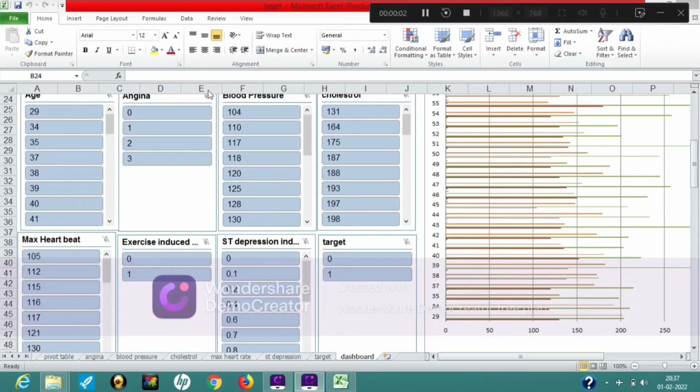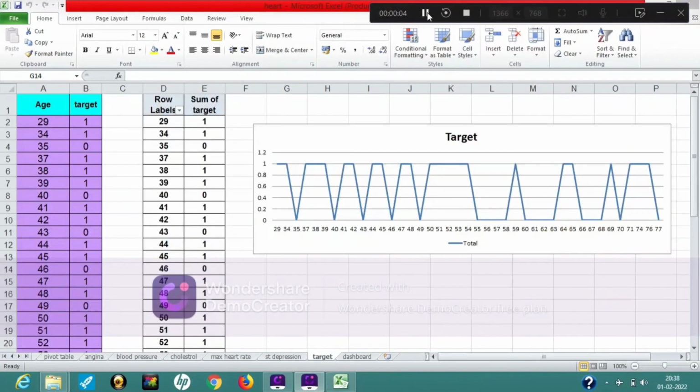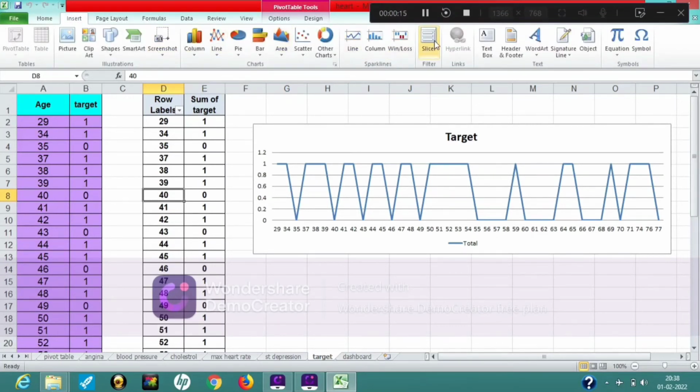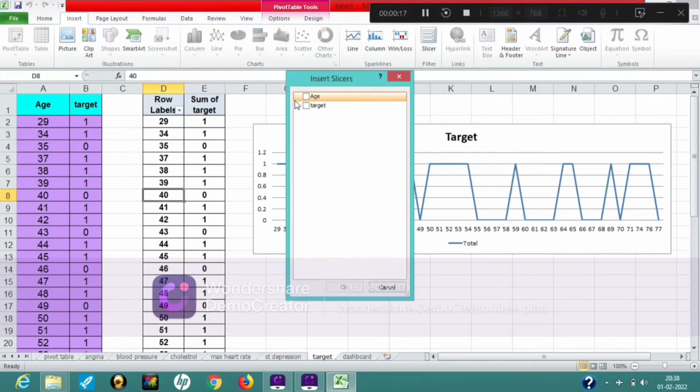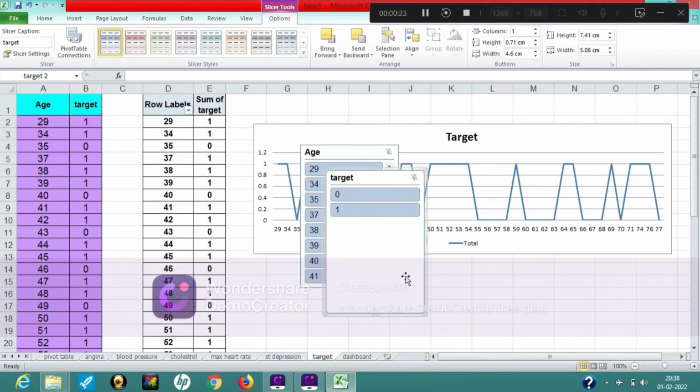I created my slicer using the pivot table. For example, I am taking this as my pivot table and selecting it, then going to the Insert option and then to the Slicer option, where we can pick our slicer. I am adding age and target, then OK. Then I got my slicers.